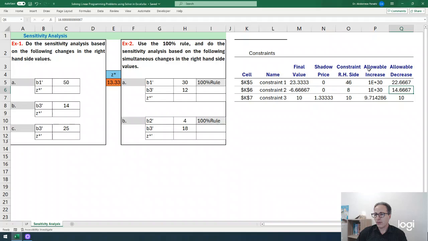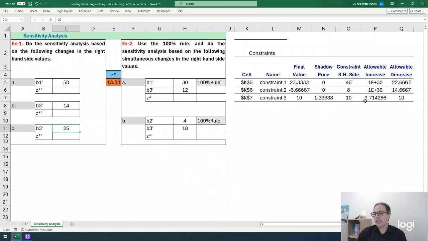Or the third right-hand side, the same. So we call this the allowable range for change in the right-hand side. If the change is in that range, then we answer the problem based on sensitivity analysis. Otherwise, if the change is beyond this range, then we cannot answer. We need to solve the new problem. Or in this case, since we don't have the new problem, we say that it's not applicable. For example, part C of the first exercise says b3 changed to b3 prime, which is 25.